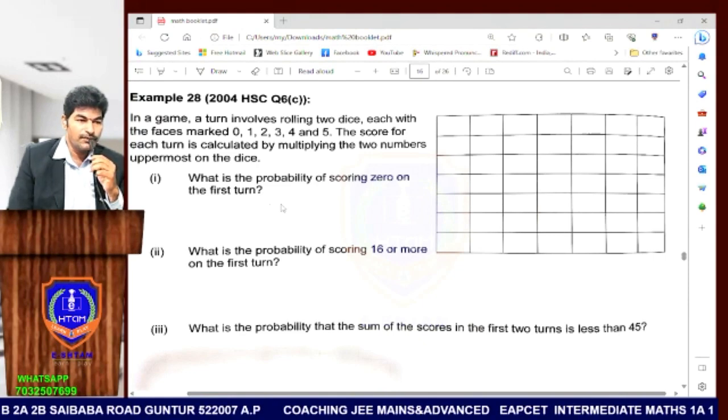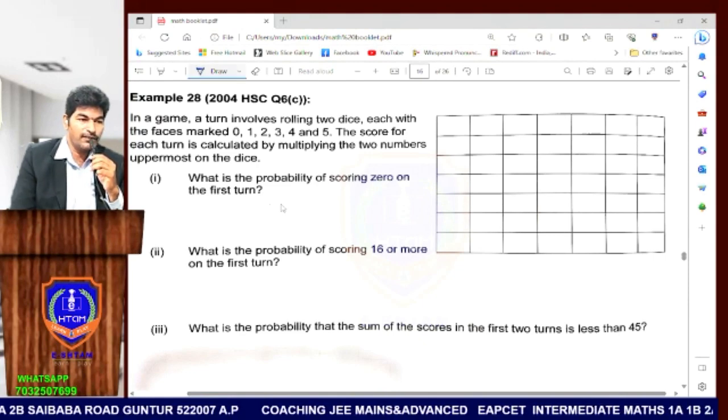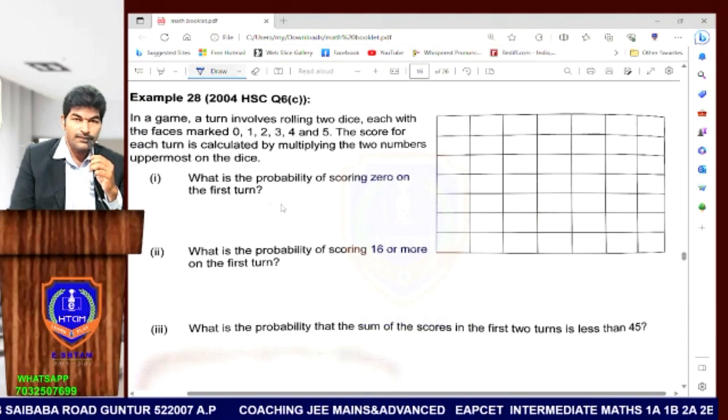So what are the suitable events? Okay, we will make the turns.